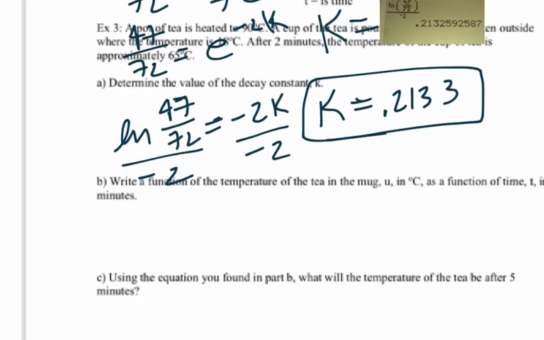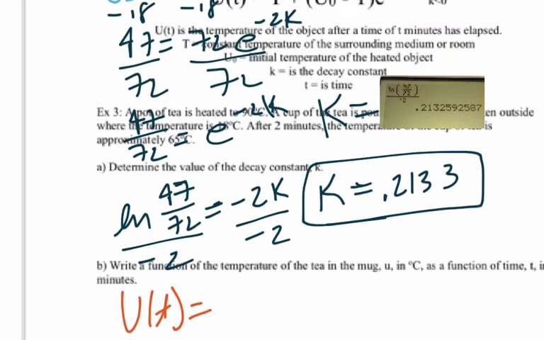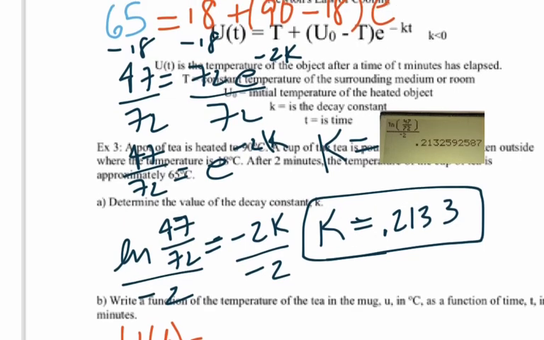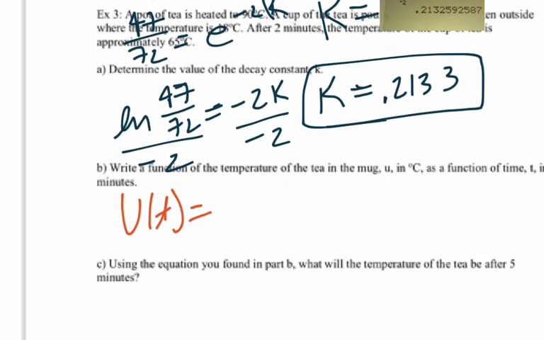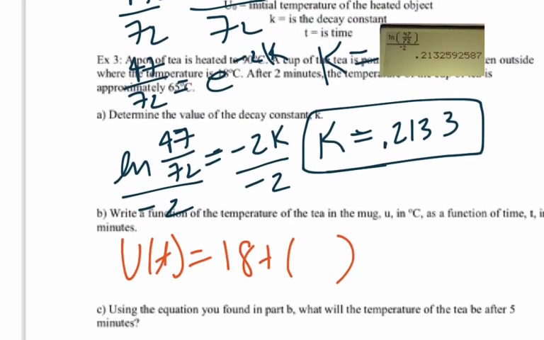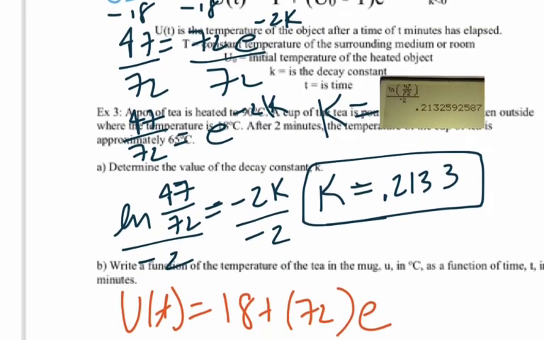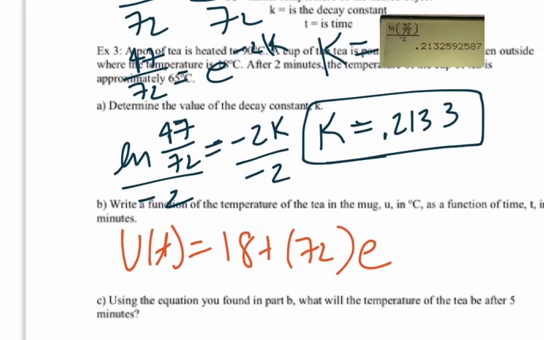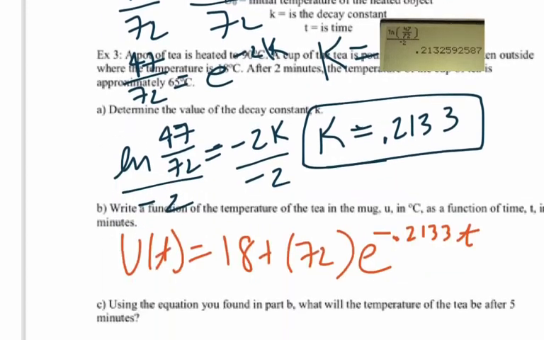U of t is going to be equal to, and remember the capital T was 18 plus, and the 90 minus 18 was 72, and then it was e to the negative 0.2133, and then lowercase t.